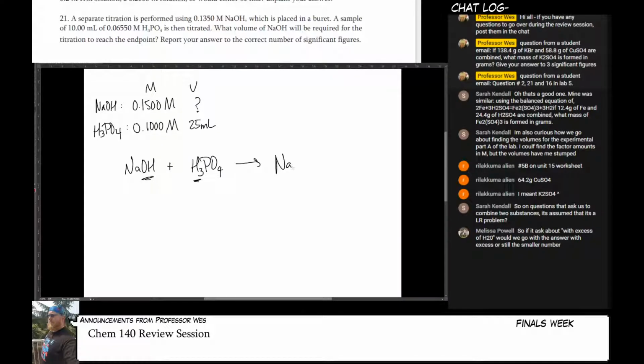So I'm just going to write down the product here, and then we're going to balance the equation. I've got 3 of these, and that's going to make 3 water. I believe that's right.